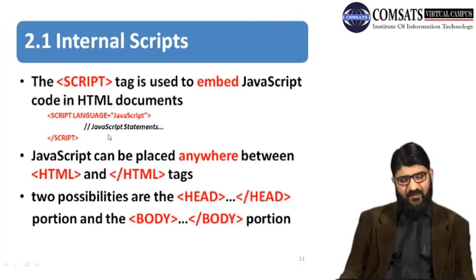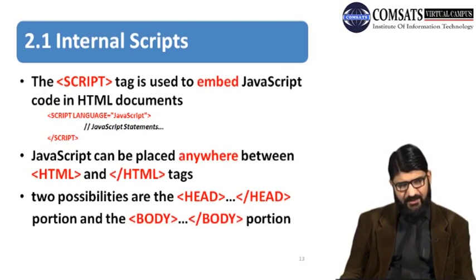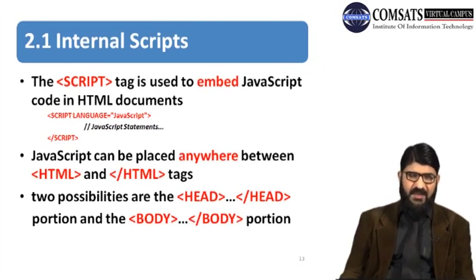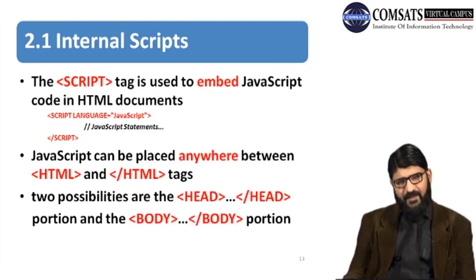JavaScript can be placed anywhere between the HTML start tag and the HTML end tag. It means the JavaScript code can be written in the head tag as well as in the body tag.